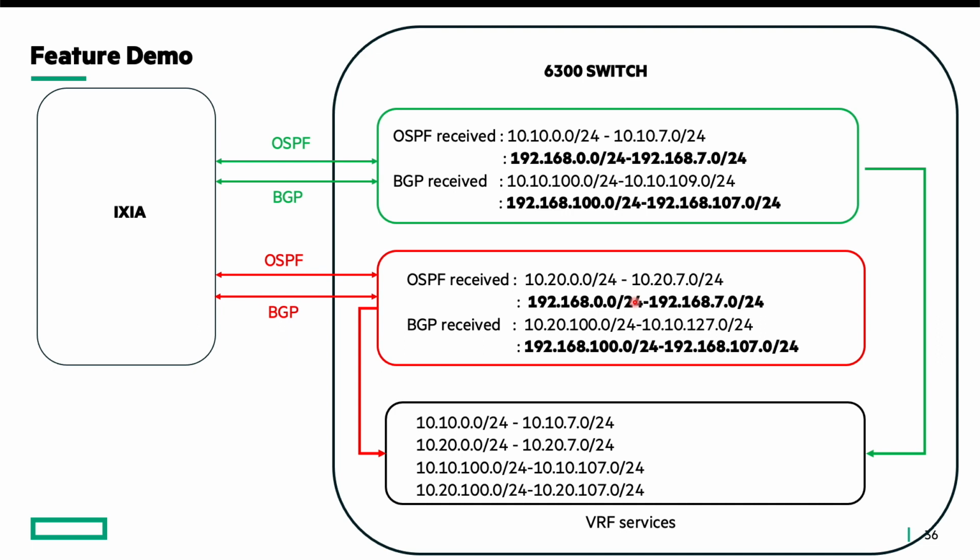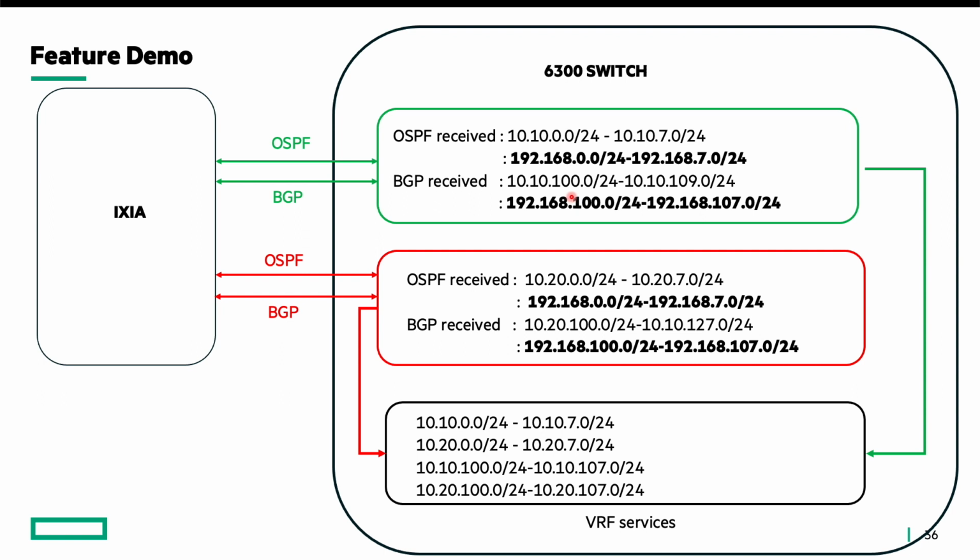Now let's proceed to a quick demo for this feature. I have prepared basically two different use cases. Here I have Nixia, which is sending a number of routes, OSPF and BGP, in the first scenario to a green VRF and to a red VRF. And I have a shared VRF, or let's call it VRF services, where I want only a subset of routes.